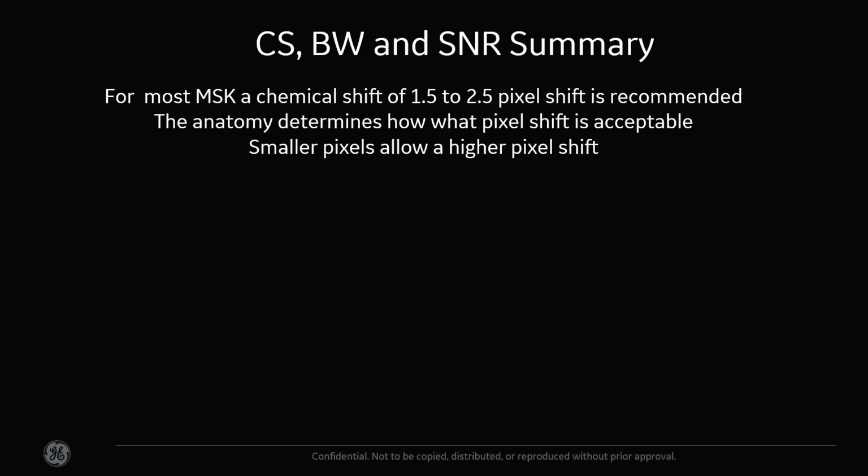So the selection of your bandwidth relative to your frequency matrix is critically important in maintaining a balance between image quality, signal to noise, and artifact. For most musculoskeletal imaging, a chemical shift of 1.5 to 2.5 pixels is recommended, but that varies depending on the anatomy under investigation and how small your pixel size is.